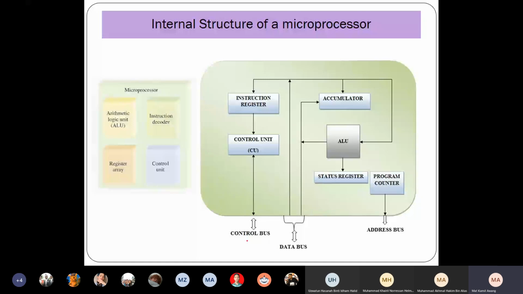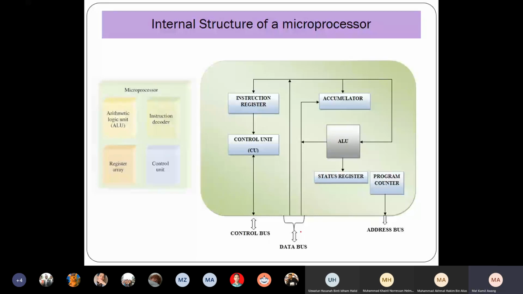So this is the connectivity within the microprocessor. You have a control bus, a data bus, and an address bus. Here you have the program counter. The program counter is to move from one line to another line of the program. You have the status register. You have the accumulator, which works with the arithmetic logic unit.